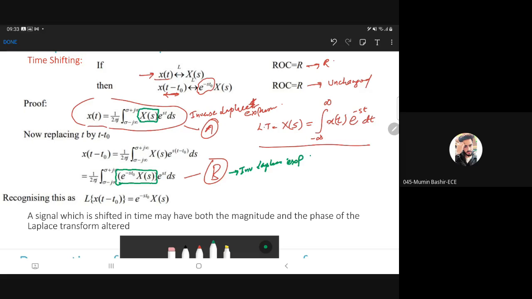Now this inverse Laplace, equation A, takes the inverse Laplace of X of s, that is L to the power -1, and gives you X of t. Whereas equation B takes the inverse Laplace of X of s into e raised to power minus st naught and gives us X of t minus t naught.